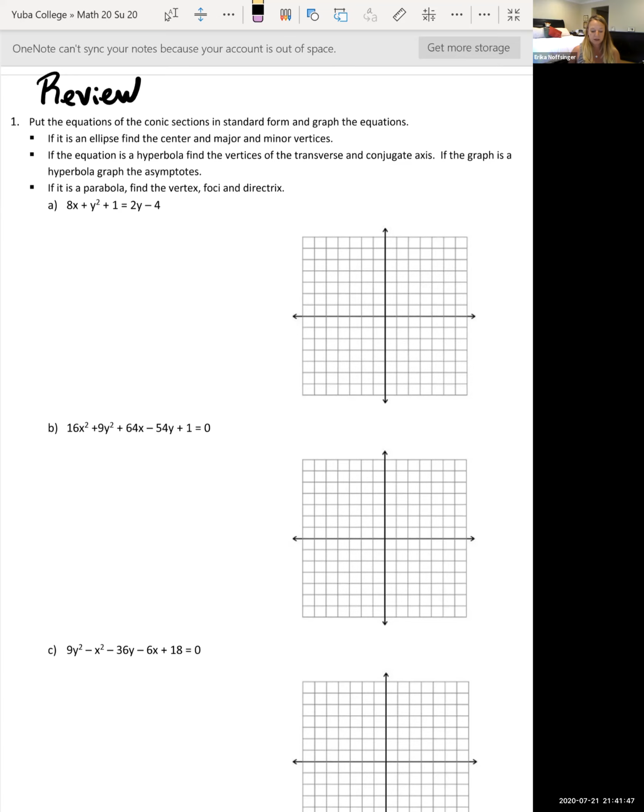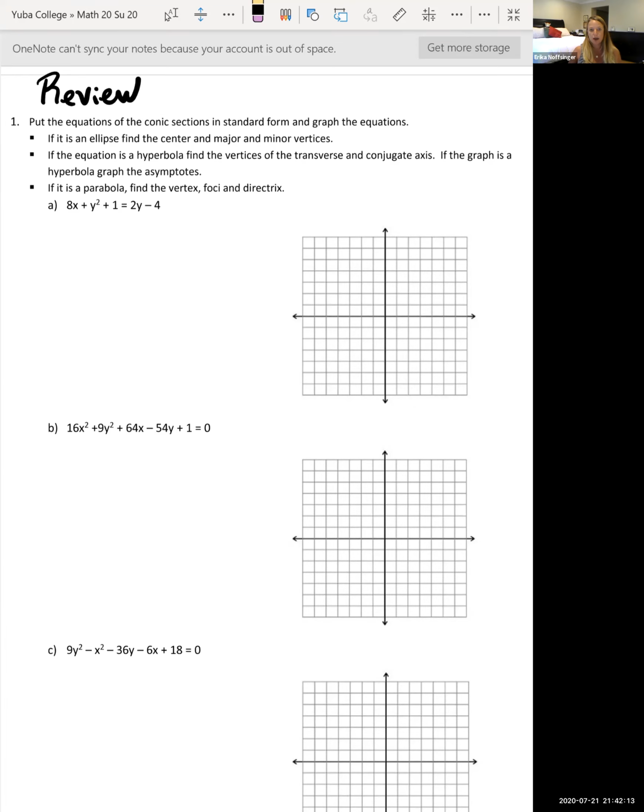Okay, so we talked about looking at these equations and identifying what conic section it was. The first thing to look at is whether there is both an x squared term and a y squared term. If so, that rules out a parabola. If it just has one x squared or one y squared, then we know it's a parabola. If the x part is squared, it's going to be up or down.